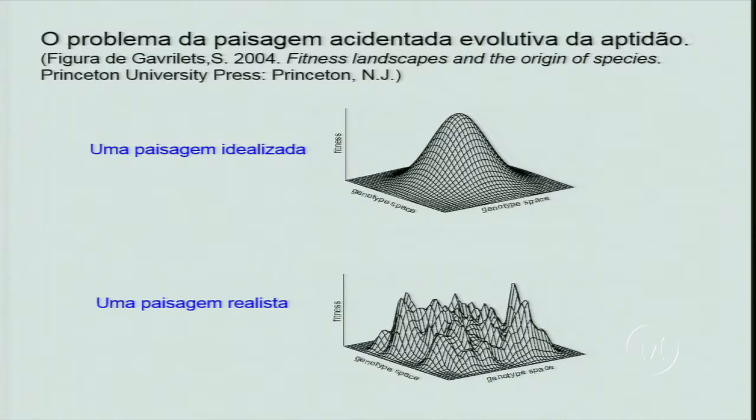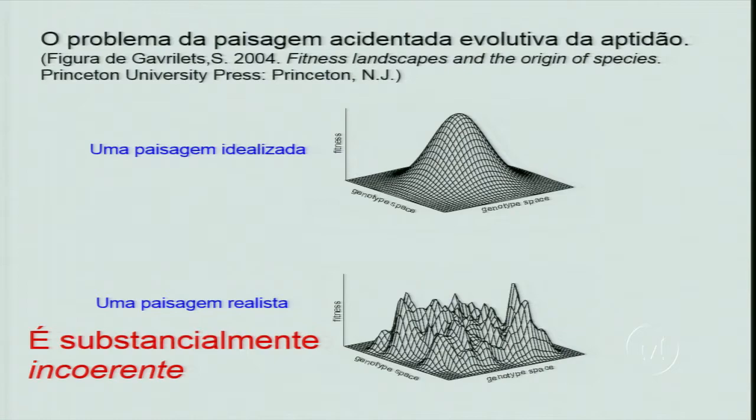And what's more, the landscape here is incoherent. And by incoherent, I mean that rising up to the top of one peak has nothing to do with other peaks, whether it will rise on another peak. There's no way for those peaks to relate to each other. Each one rises on its own.